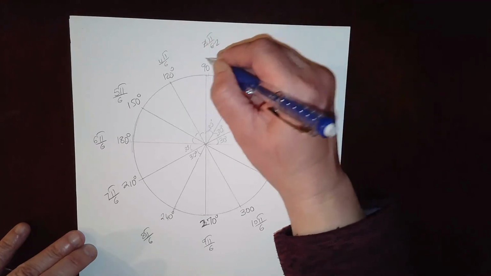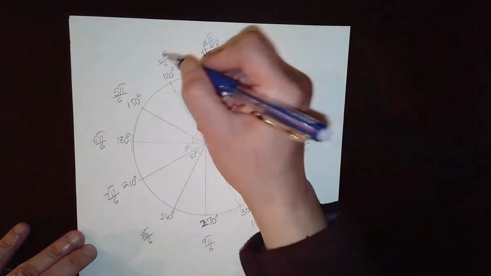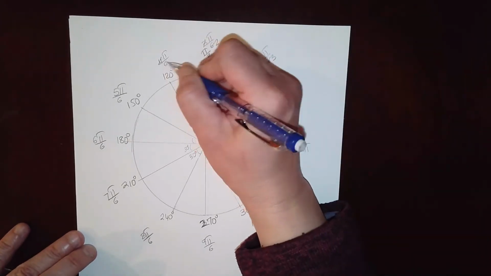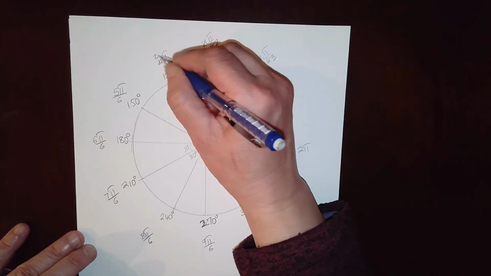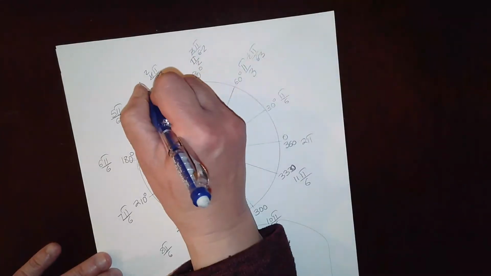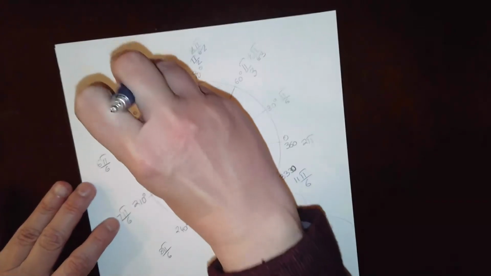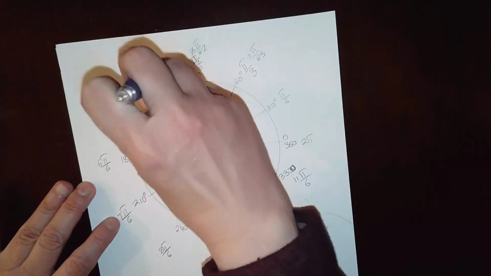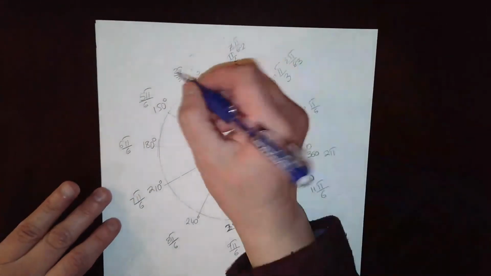So 90 degrees is pi over 2. 4 pi over 6, divide this by 2, divide this by 2, you get 2 pi over 3. So this angle is 2 pi over 3. You might want to erase the old one just to not confuse yourself. And here's 2 pi over 3.